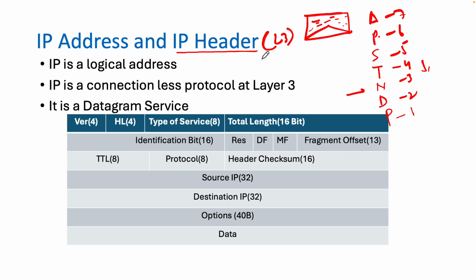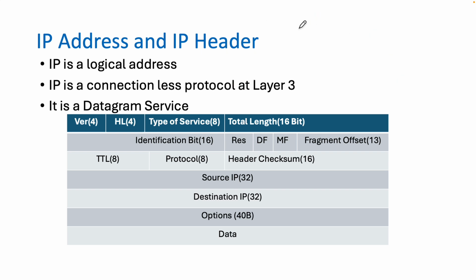So let's say it sent this segment. This segment will become the payload at the network layer, and it will add an additional header. This is the header which we want to talk about, the IP header.